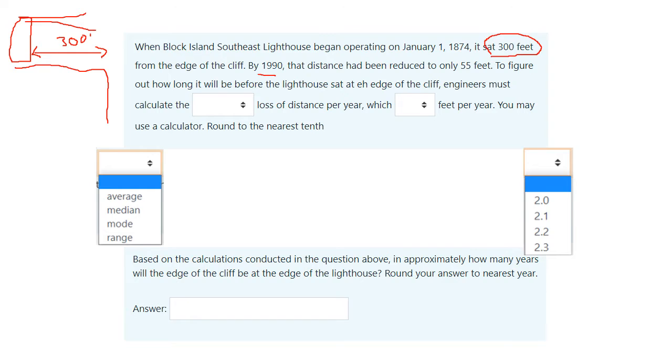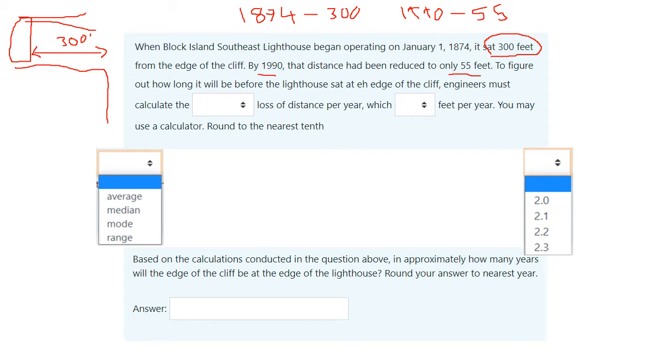By 1990, that distance had been reduced to only 55 feet. So in 1874, it was 300 feet. By 1990, it was 55 feet.